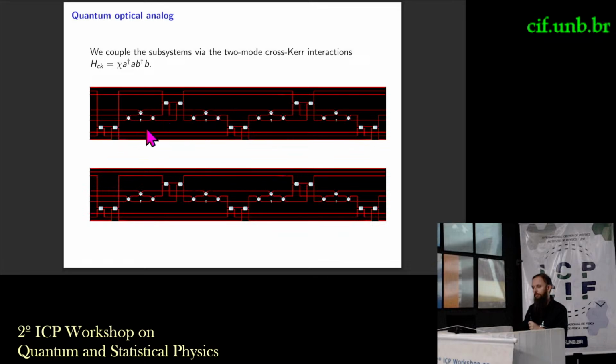In general, I won't explain everything here, but to couple the subsystems, using the Jordan-Schwinger map, via this cross-Kerr interaction, we can implement, for example, this diagram of the controlled Z, and this is the other controlled Z. If your single photons enter here and follow here, you will have the controlled-controlled Z, this 3-body unitary.